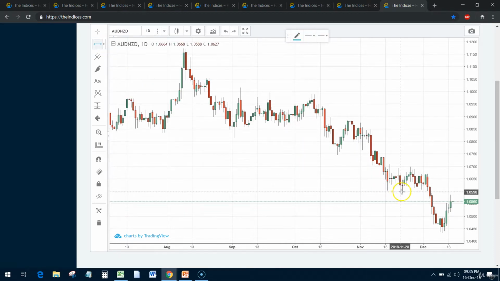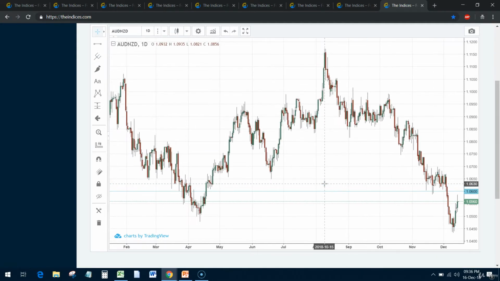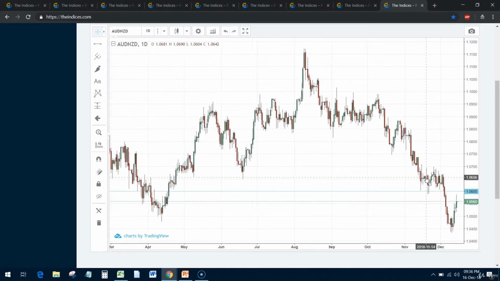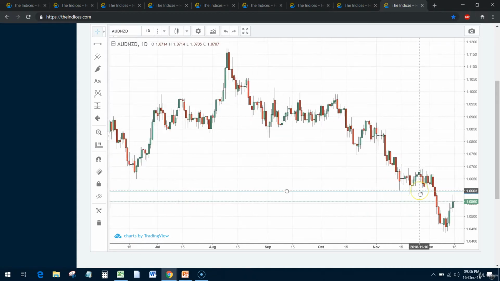Horizontal line over here. Yeah. So here we are. Okay. So I put in a horizontal line. This over here could have been interpreted as a support level by several people, but they would have been wrong, right? As you can see, the AUD NZD fell further below that, and it ended up settling over here.